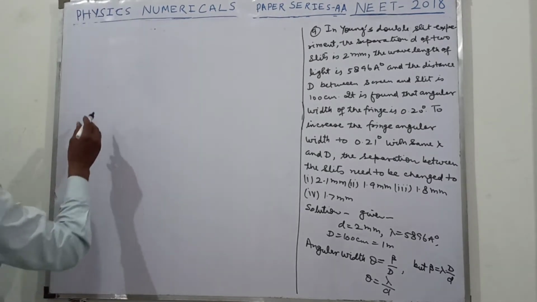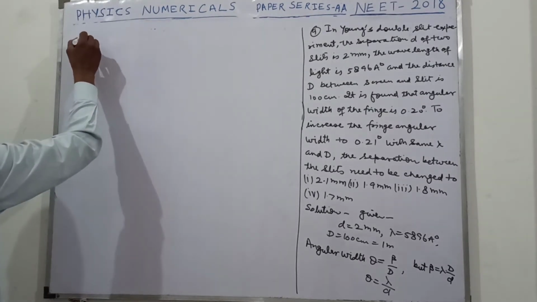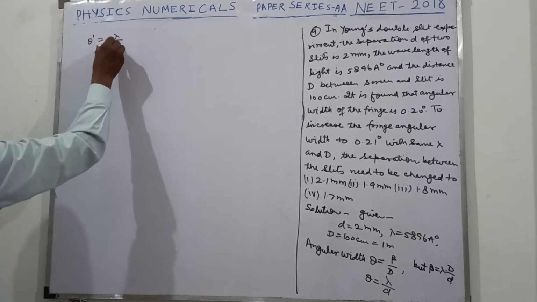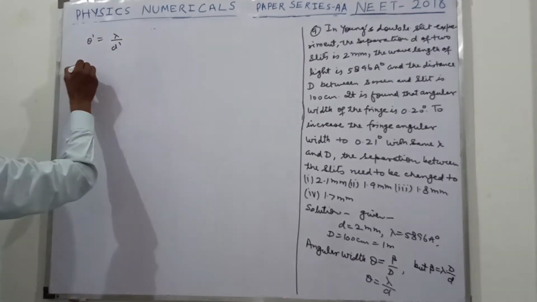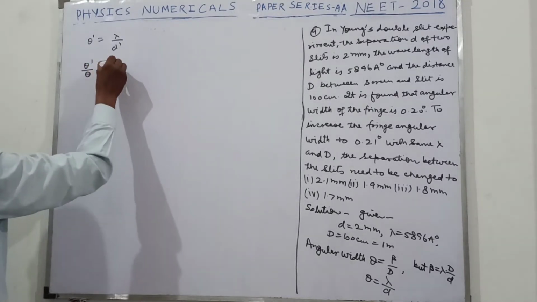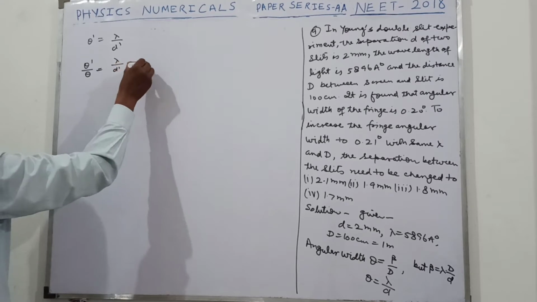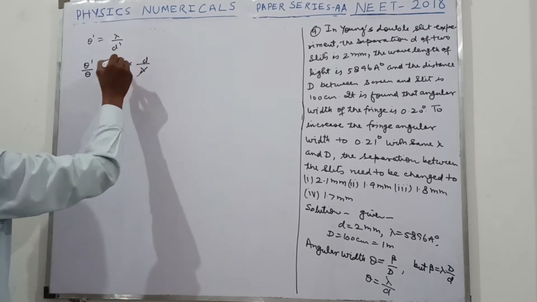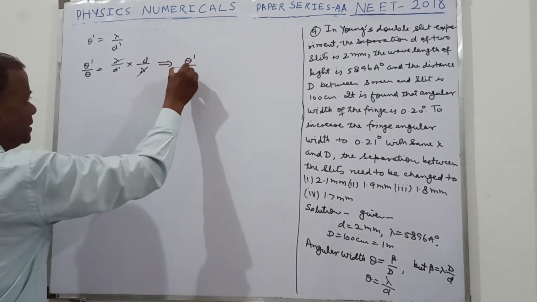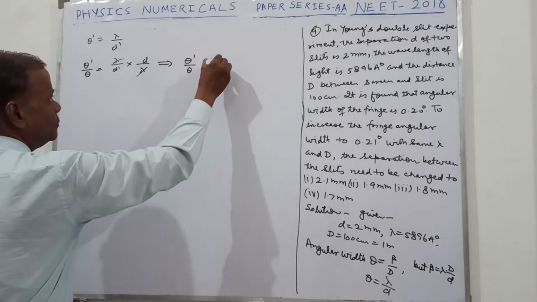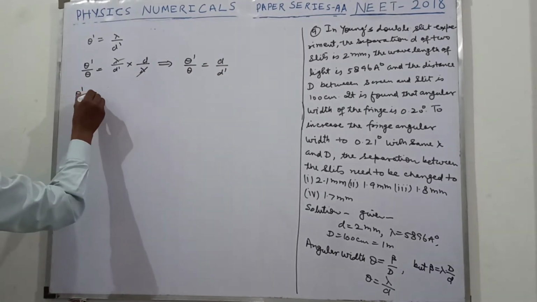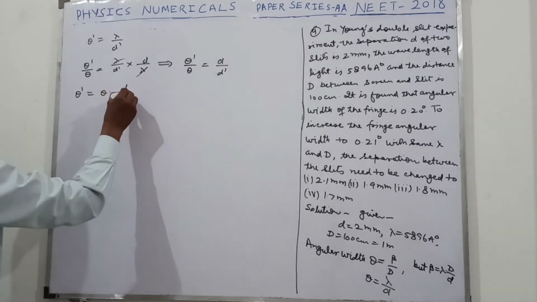Now you are given theta, and let theta dash equal to lambda upon d dash. So theta dash upon theta equals lambda upon d dash into d upon lambda. Lambda will cancel, so theta dash upon theta equals d upon d dash, or theta dash equals theta into d upon d dash.